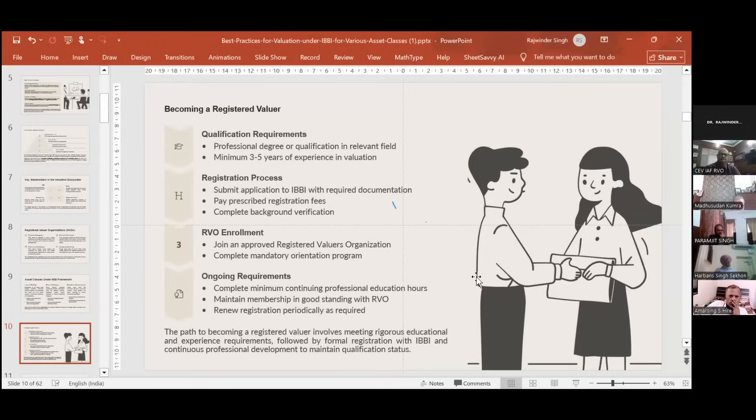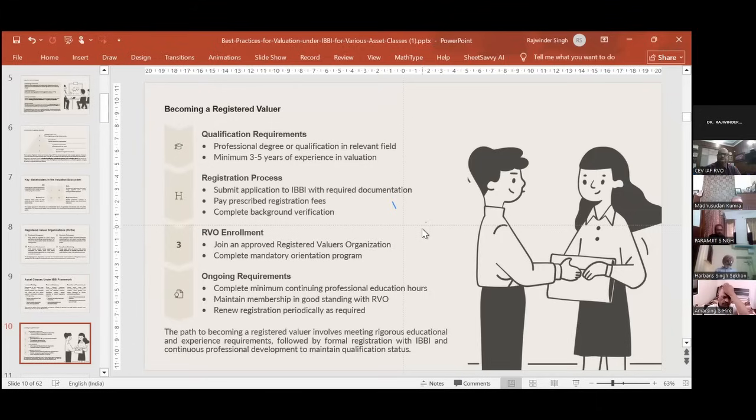So you know how to become registered valuers. We do not go into the details of that. First of all, you must have a requisite qualification as a valuer. You must have graduation in the relevant field if you have to become a registered valuer, or you must have post graduation.